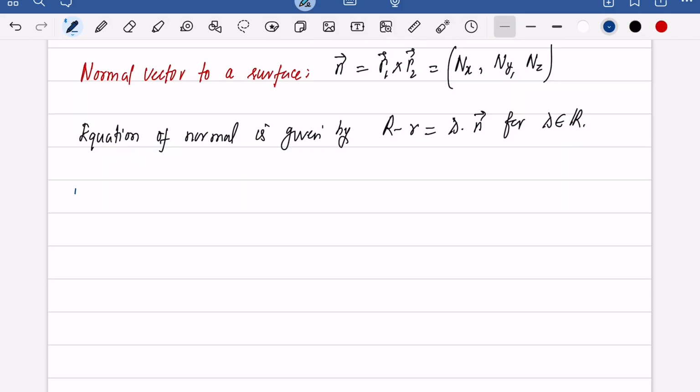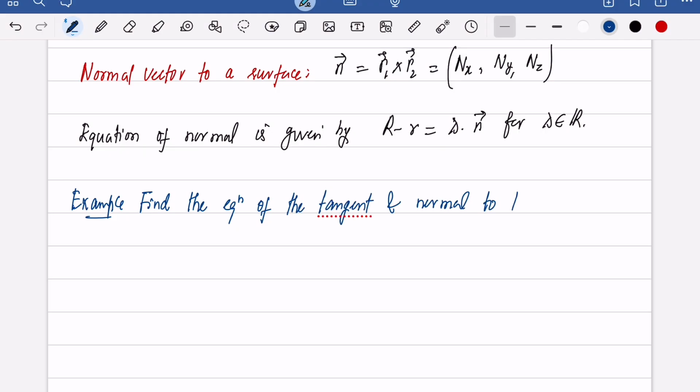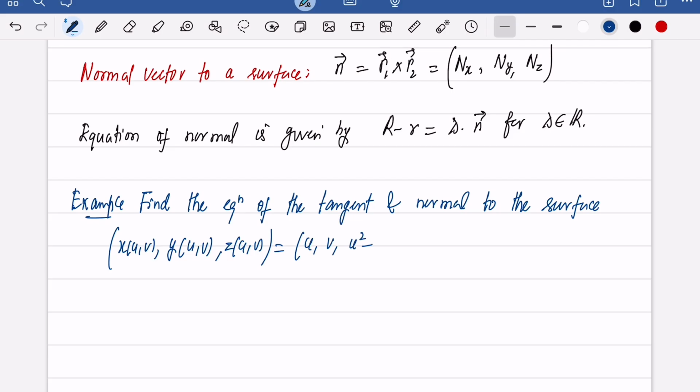Now let's take an example to evaluate the equation of a tangent and normal to a surface. Find the equation of the tangent and normal to the surface, which is given by x of uv, y of uv, z of uv is equal to u, v, u square minus v square at the point u, v equal to 1 comma minus 1.